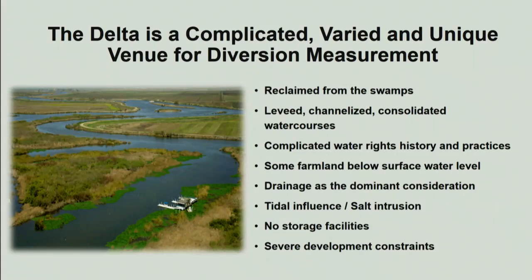You were trying to get water off, maintain a dry farm bed, and then bring limited amounts of water on to water your crops. So drainage was the dominant consideration.